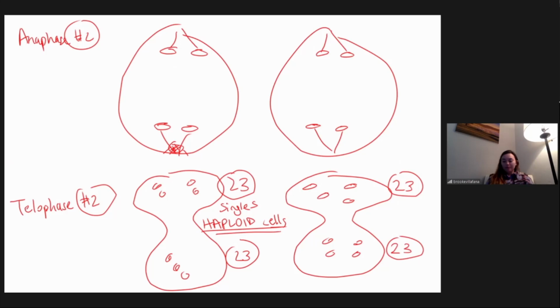Good? So now let's talk about male and female meiosis and why they're different, and then the terms you would need to know for testing. So for male, meiosis is called spermatogenesis. Okay, there's a few things that we look at. First, the process of male meiosis is going to look identical to what we just talked about.